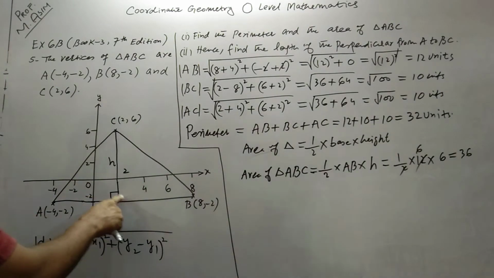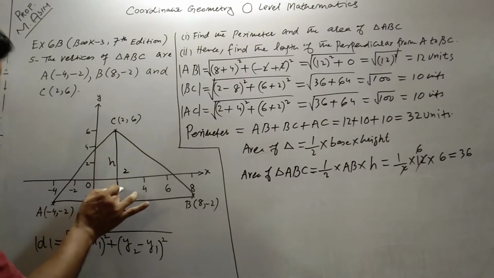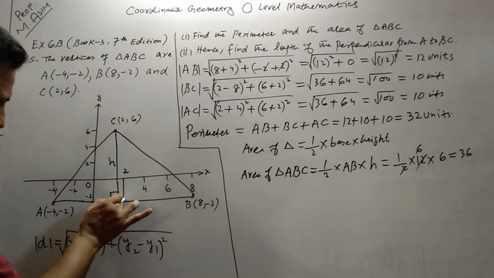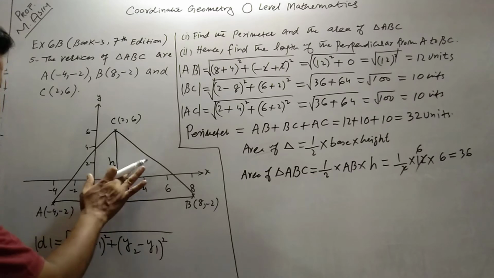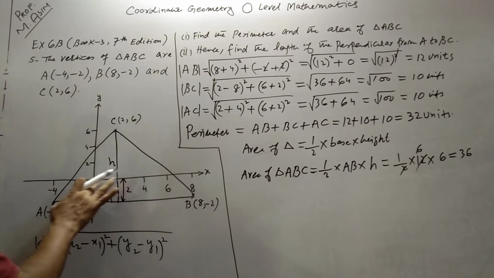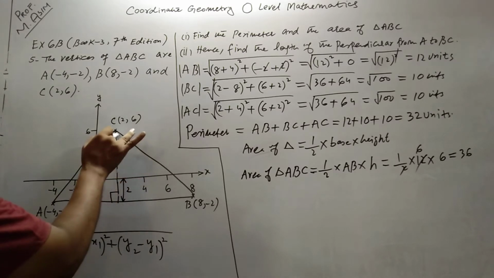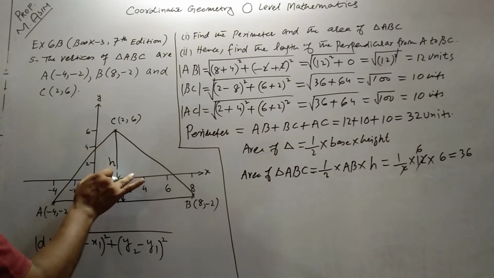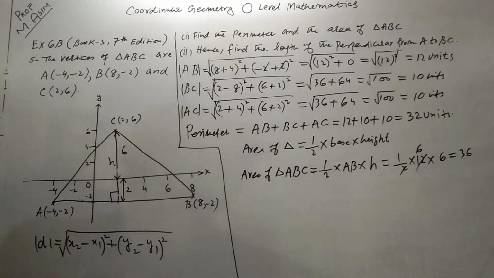This is 2 because this is 0, this is minus 2. So this value is 2. This value is 2. And this is 0 because this is origin, and this is 6. So this value is 6.